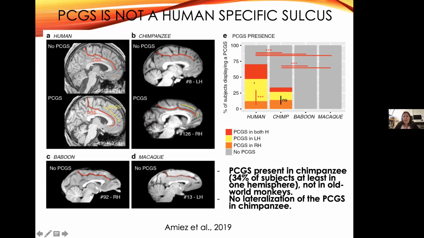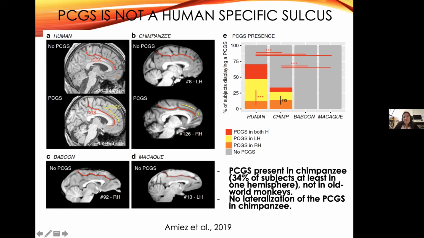The orange part is the lateralization on the right, and the red is the presence in both hemispheres. But what we have shown is that chimpanzee brains also display a paracingulate sulcus. And this is really important because before that, we thought that the paracingulate sulcus was human specific and linked to tons of pathologies and personality traits and a lot of things like this.